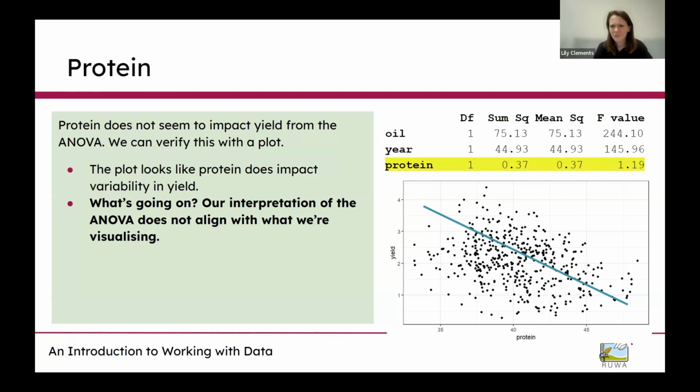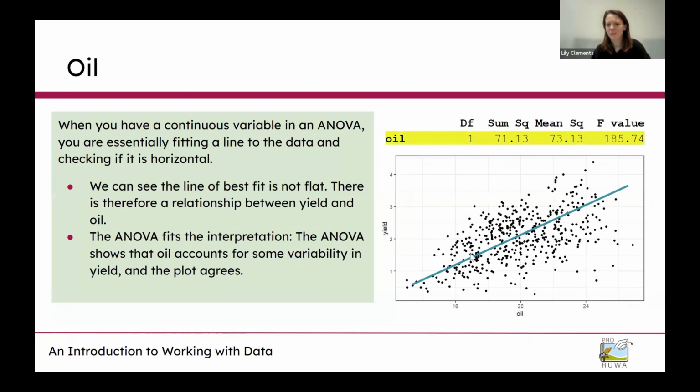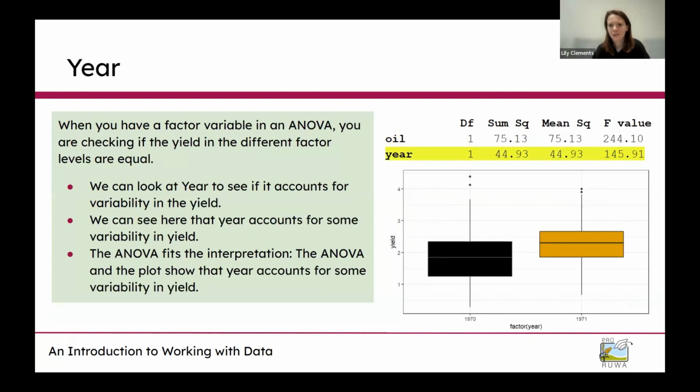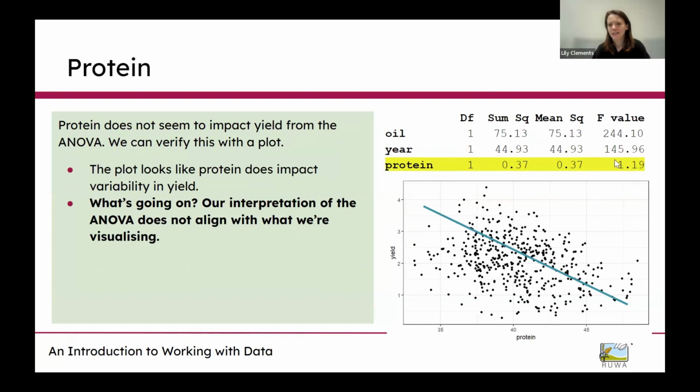However, when we saw this with oil, we had a huge F value for oil. We saw a very similar trend, just instead of decreasing, it was increasing with oil, and our F value is over 100. When we add protein in, our F value is 1.19.